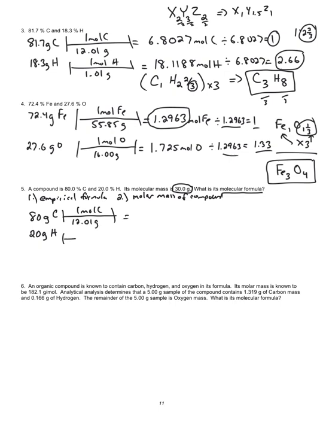Dividing each of these by their molar masses. So 80 divided by 12.01, 6.6611, and 20 divided by 1.01, 19.8020.